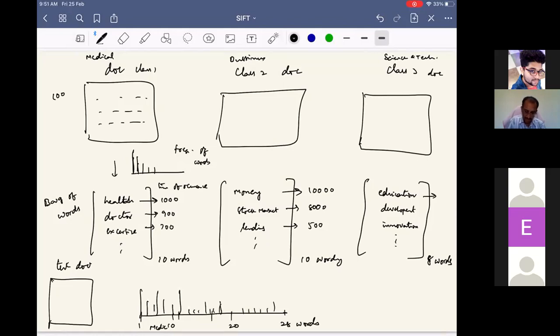The initial words all correspond to medical, so the test document belongs to a medical document. Okay, so this is the idea of bag of words. Any question here?